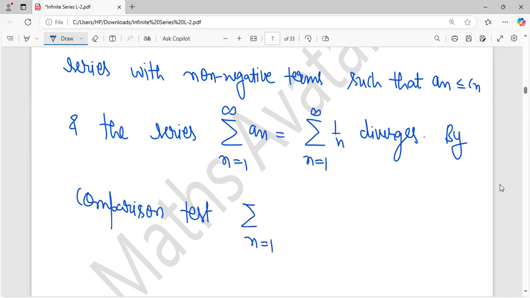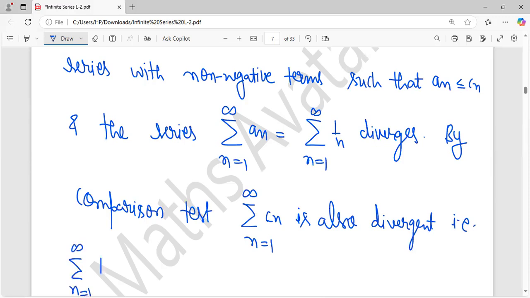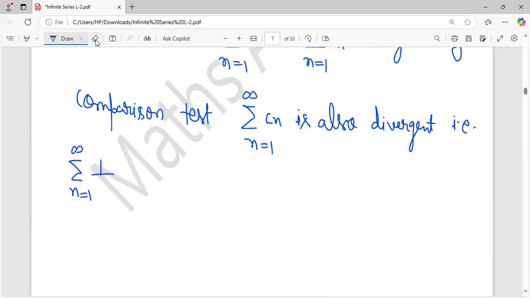The series summation of c_n is also divergent. It means the series 5 upon 5n minus 1 is also divergent.